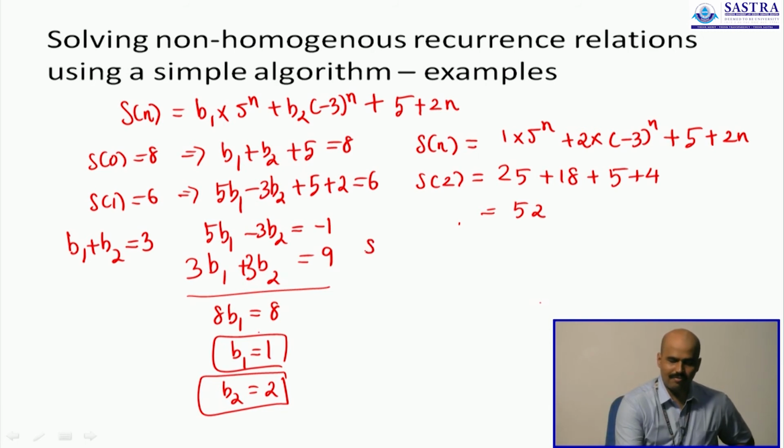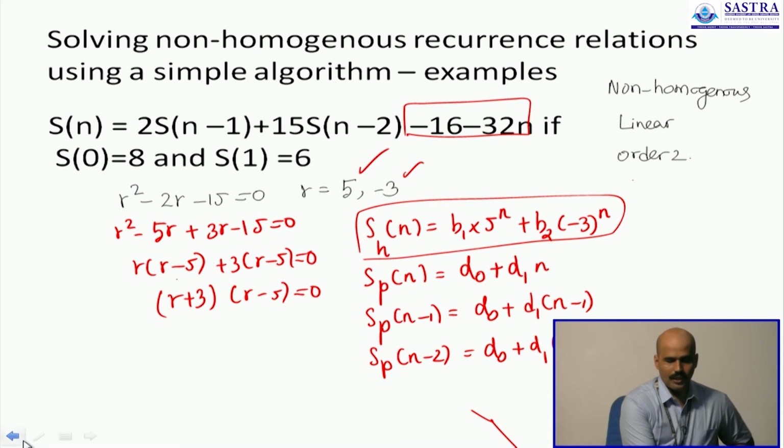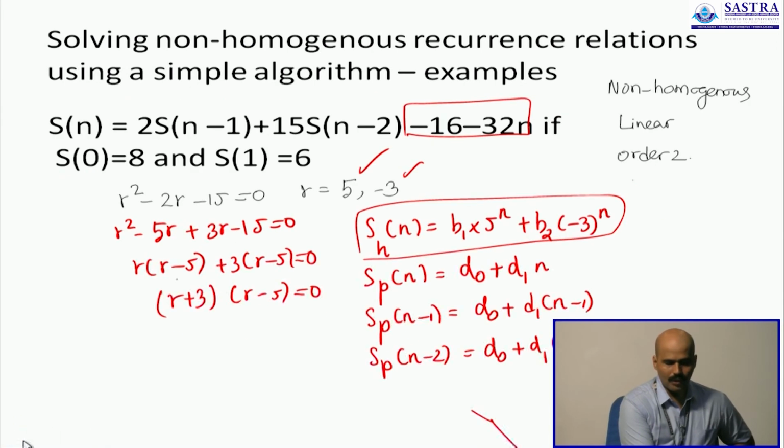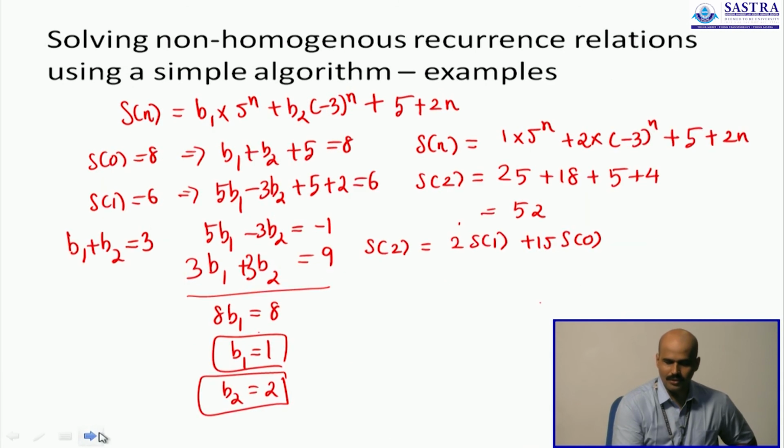Let's try and find out S of 2 from the question. Now from the question, S of 2 is 2 S of 1 plus 15 S of 0 minus 16 minus 32n. S of 1 we know to be 6, so it's 2 times 6.